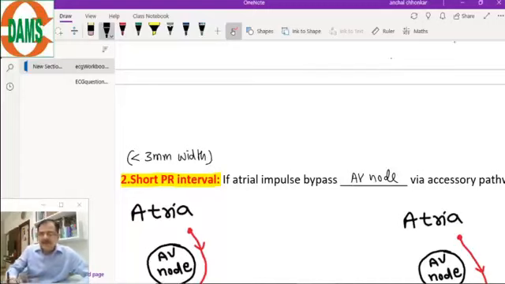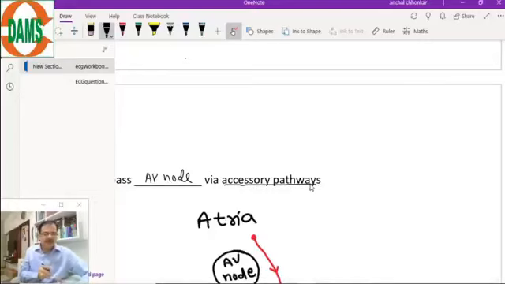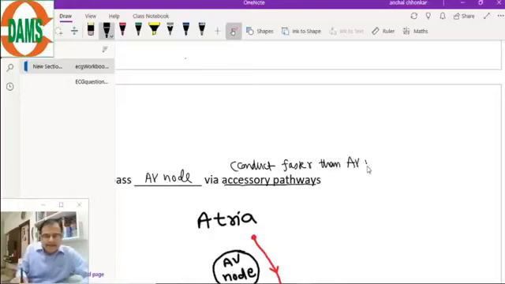It will bypass the AV node with the help of some extra pathways in our body, via accessory pathways. So atrial impulse bypasses AV node via accessory pathways, and these accessory pathways conduct faster than the AV node.